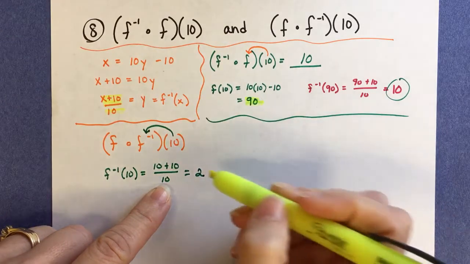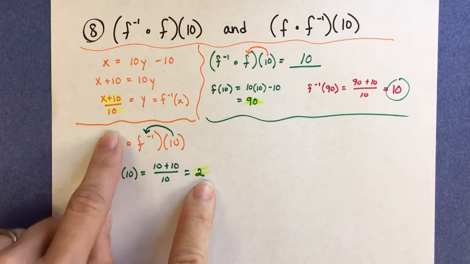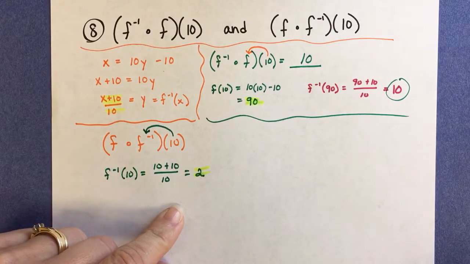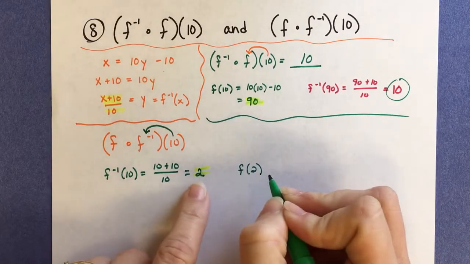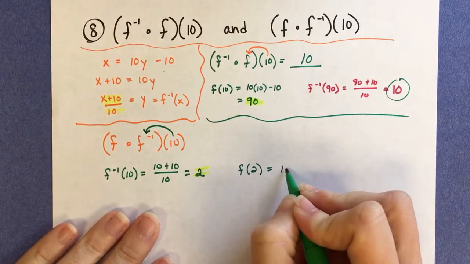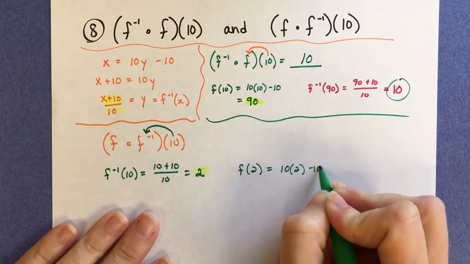All right, so now you take that result, and that result is now plugged into the original function, the first one that's listed here. So now f of 2. Use your result from here. So the original, of course, was 10x minus 10, so I would have 10 times 2 minus 10.